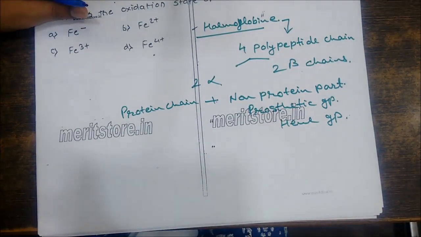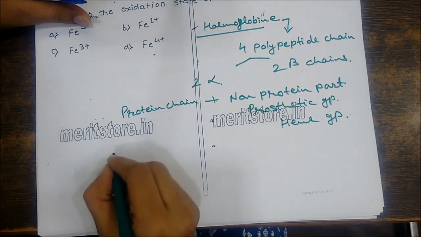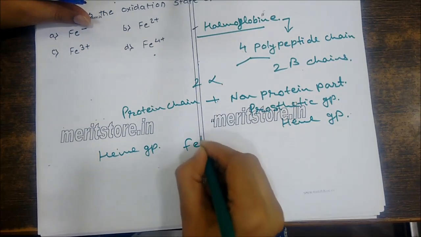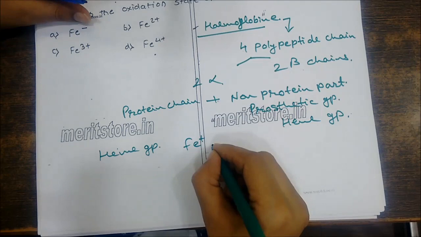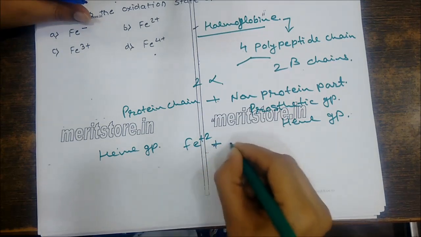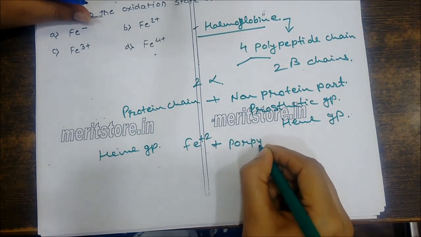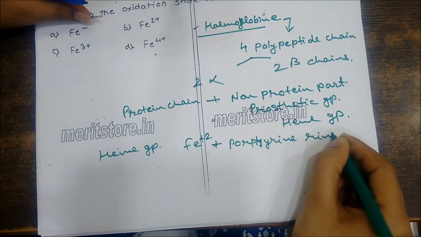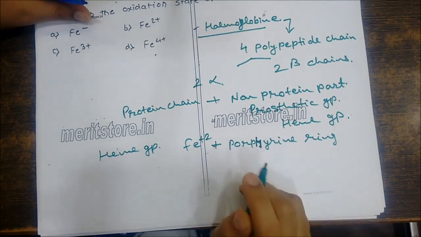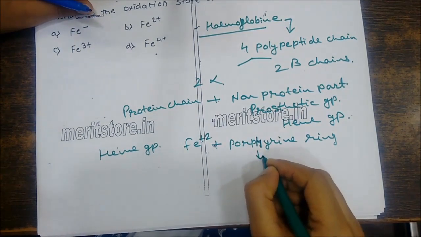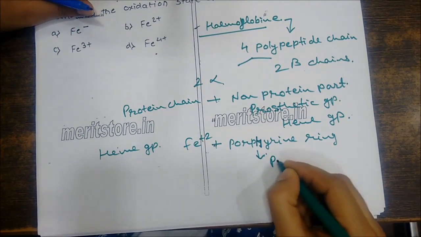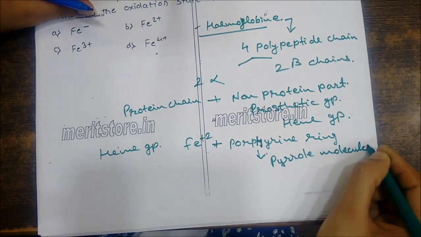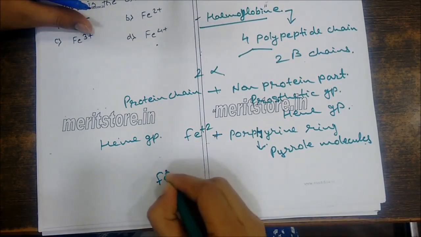The heme group consists of iron plus 2 and a porphyrin ring. Iron plus 2 is connected with the porphyrin ring. This porphyrin ring is nothing but the pyrrole molecules. Iron is in oxidation state 2.